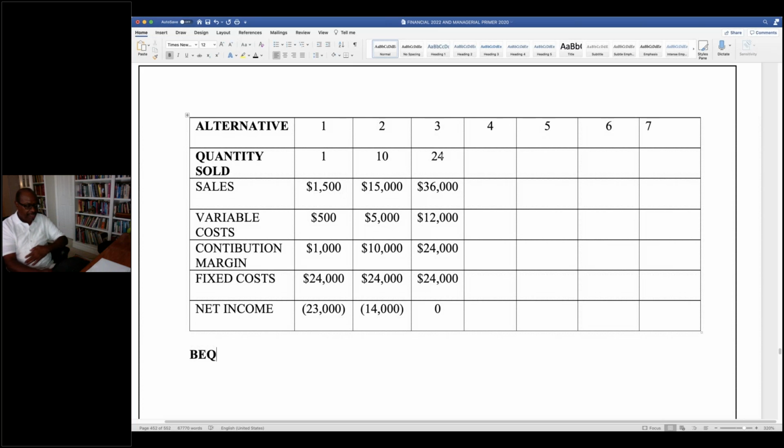It would be good if we had a formula, right? So suppose I told you that formula, what I told you to memorize: fixed costs divided by CM.